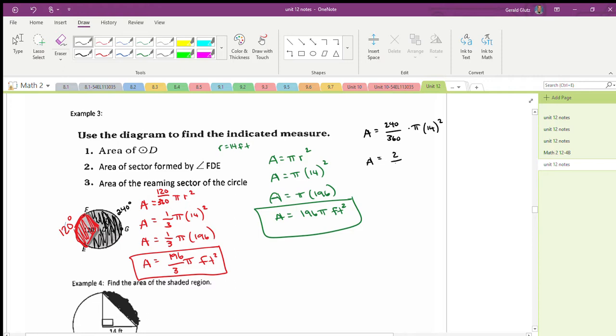So this is the 2/3. 14 squared is 196. And then if you multiply 2/3 times 196, let's see, that would be 392 divided by 3 times pi square feet.